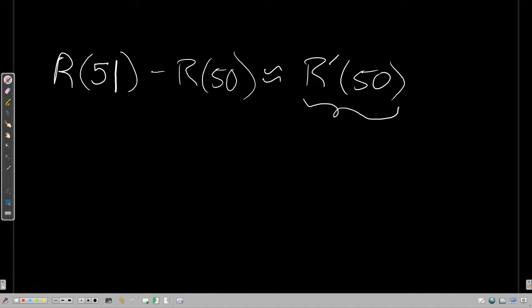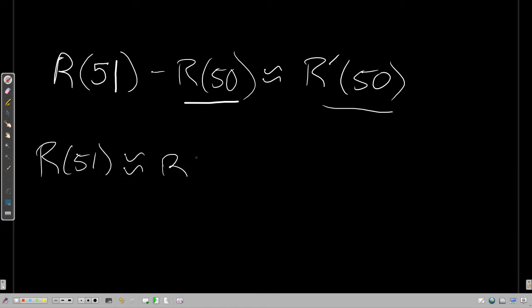And if you can produce this relationship, then you can rearrange it when you only have this number and this number. So then R of 51 would be approximately the revenue brought in by the 50 units plus the revenue brought in by the next one.